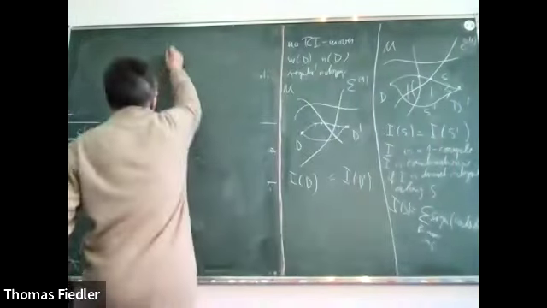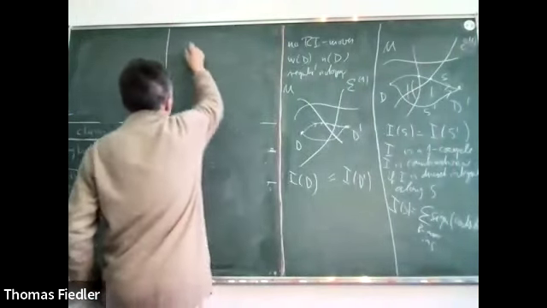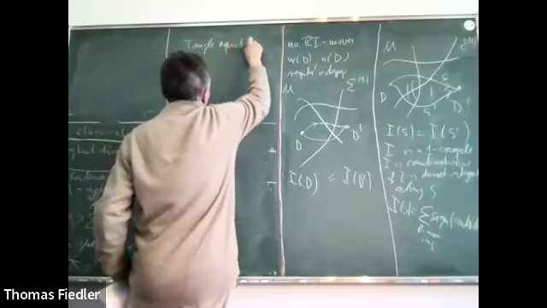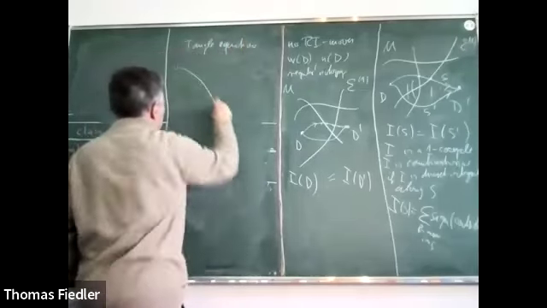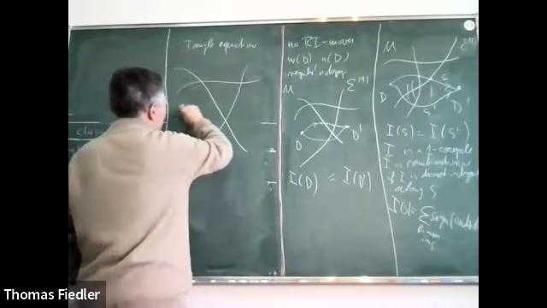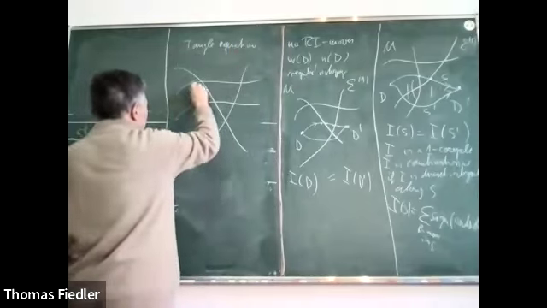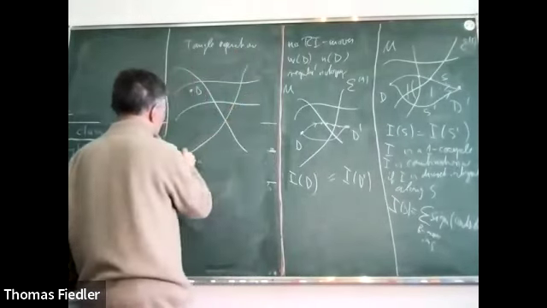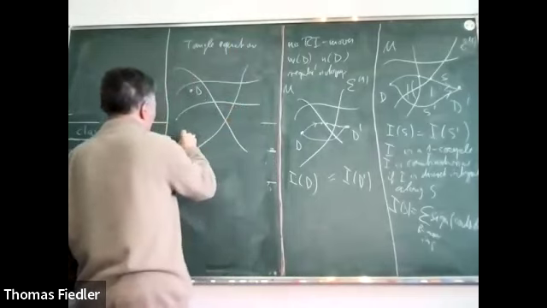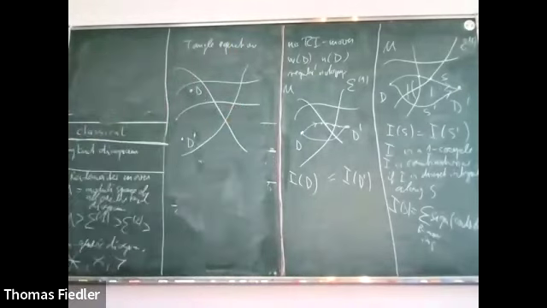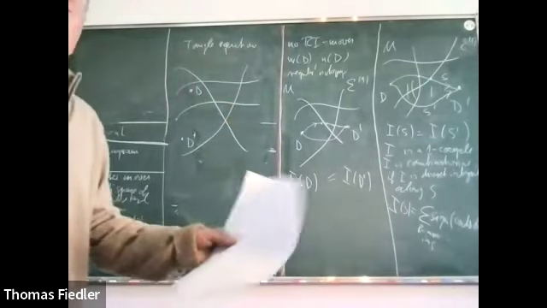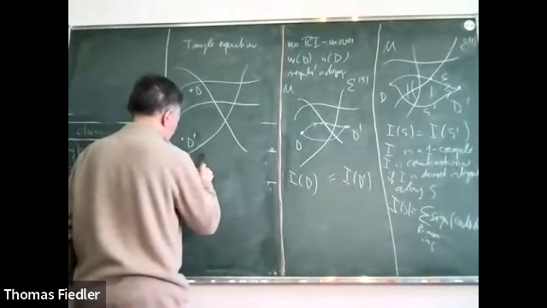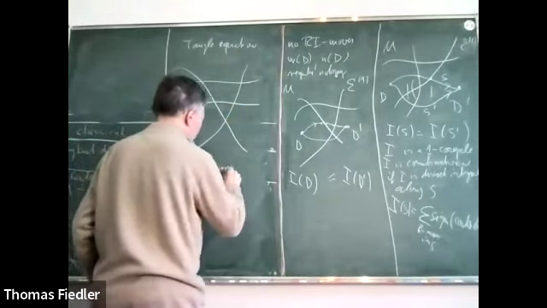Tangle equations. So let me make again this picture. Here we have our D, here we have our D prime. And we take a long auxiliary knot diagram K. K is auxiliary, we choose it.